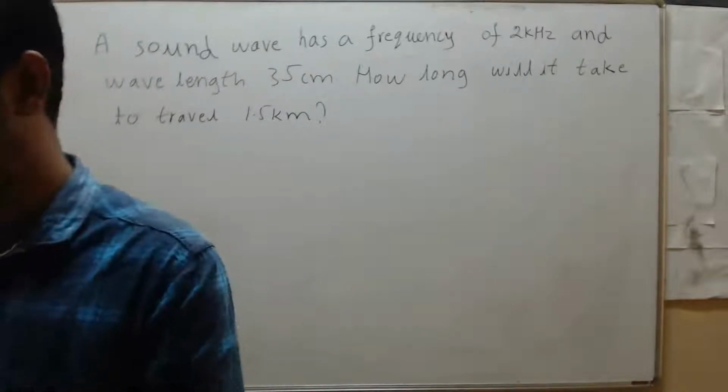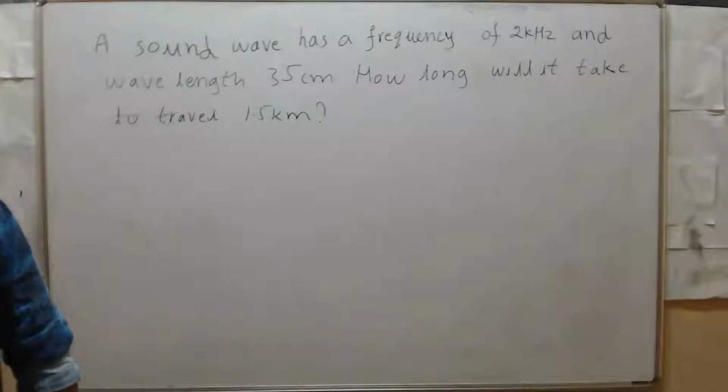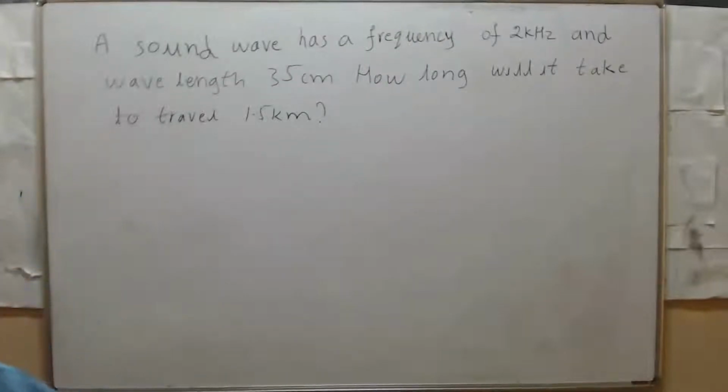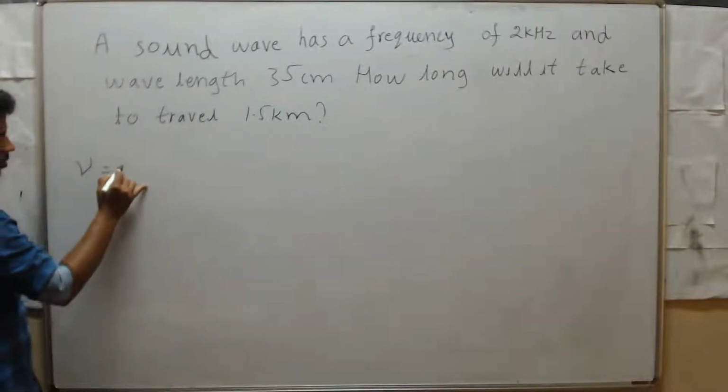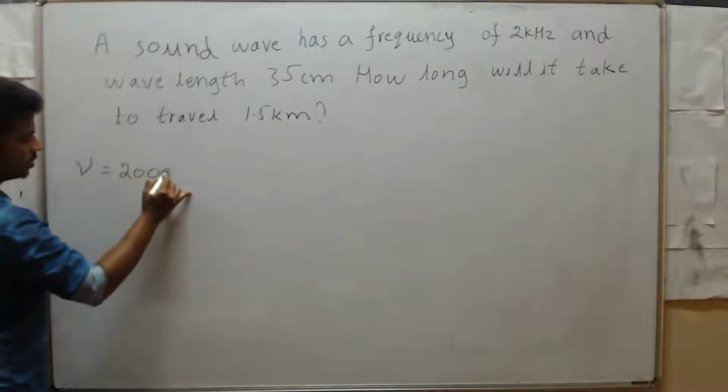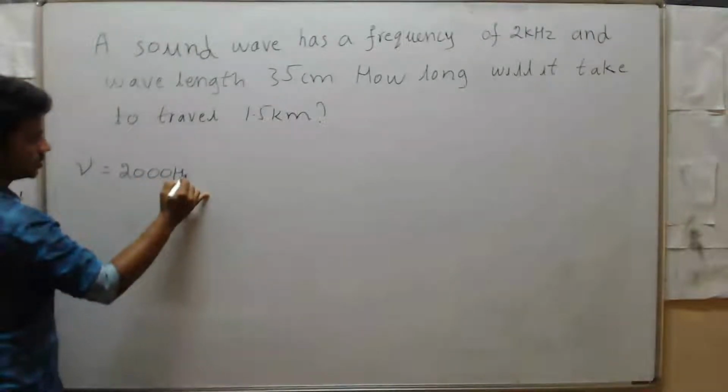First, I'll write the given data. Here they have given the frequency, so frequency is 2 kilohertz. Kilo means 1000, so that is 2 into 1000, equal to 2000 hertz.